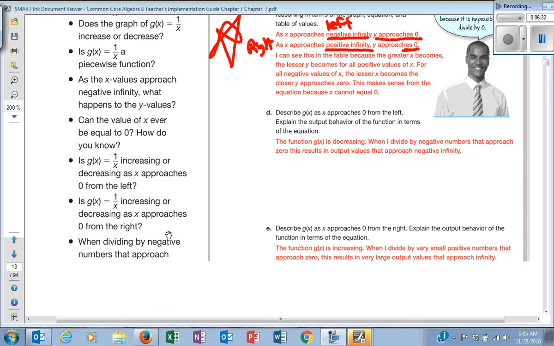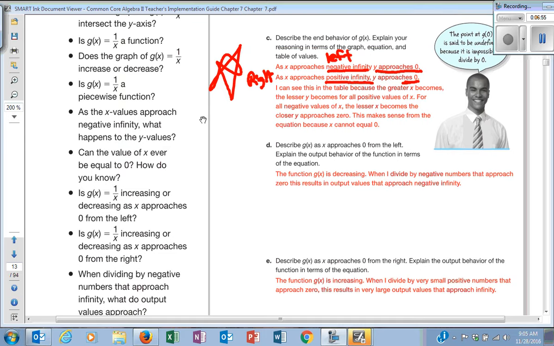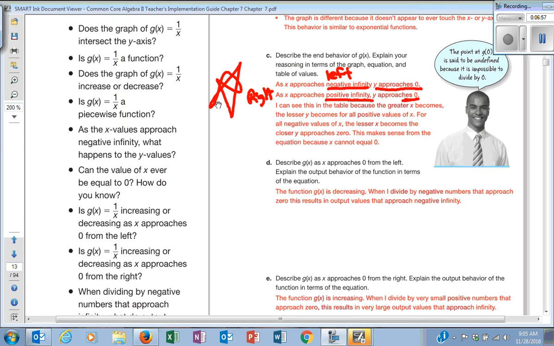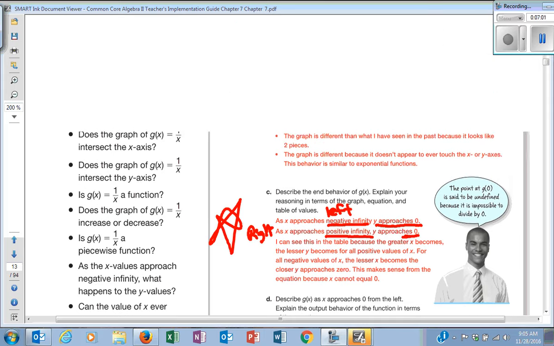All right. Describe g of x as x approaches 0 from the left. Explain the output behavior of the function in terms of the equation. So, as the function g of x is decreasing, because what's happened, let's go back for a second. Describe x approaching 0 from the left.